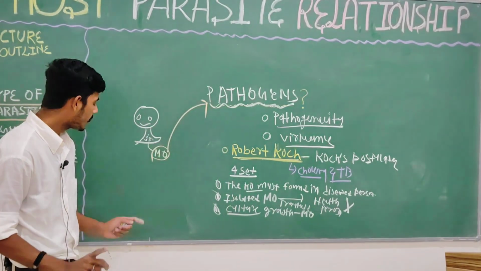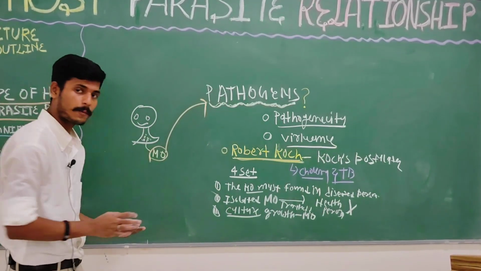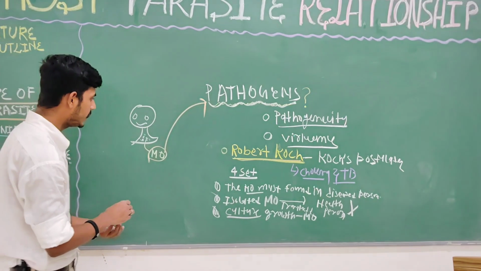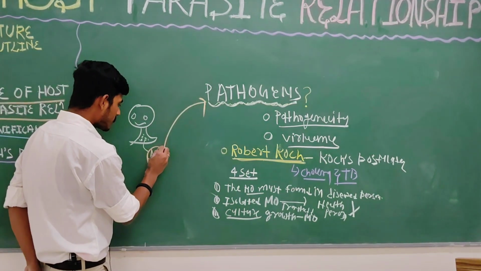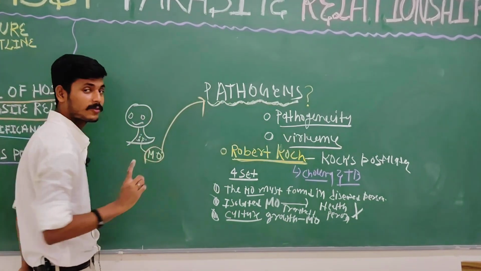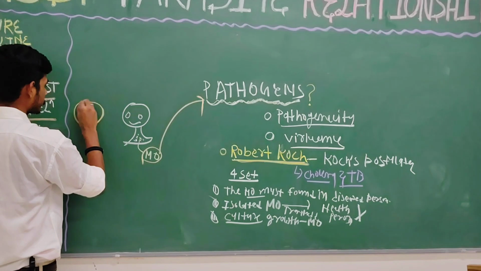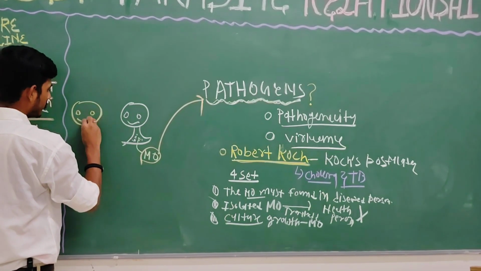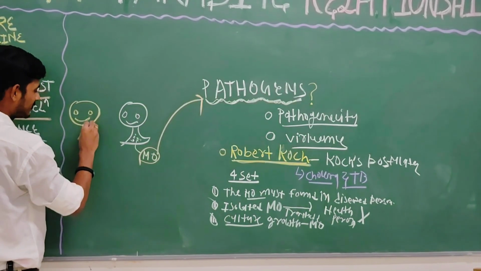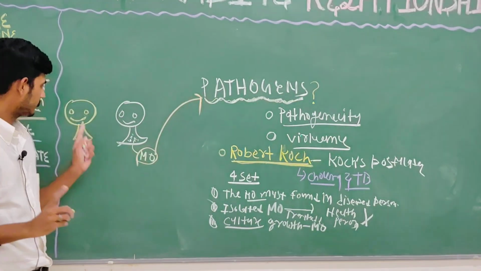Getting the points? Now, what things does this microorganism have to fulfill? The first thing it has to fulfill is that it must only be present in the unhealthy person, and not in the healthy person.